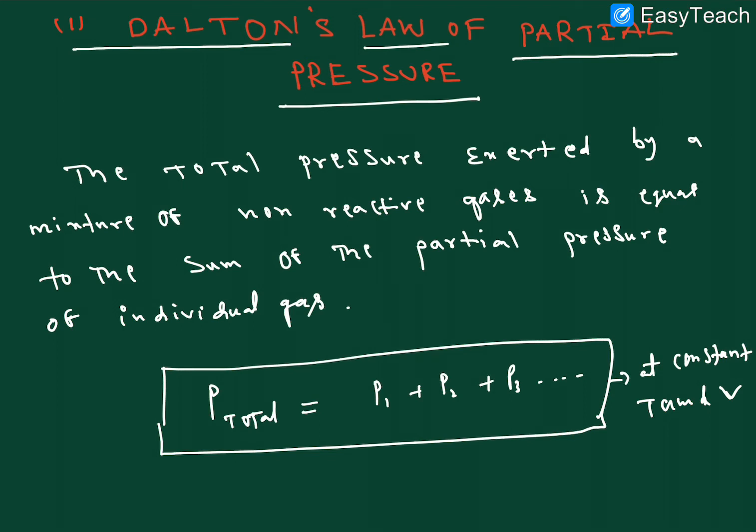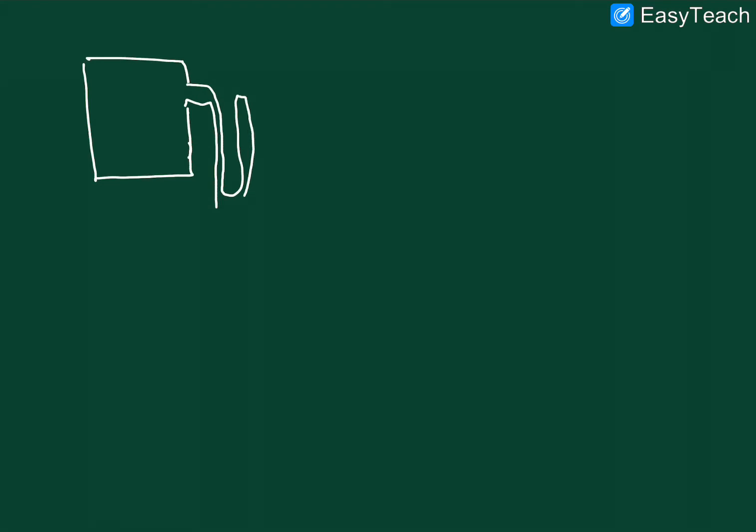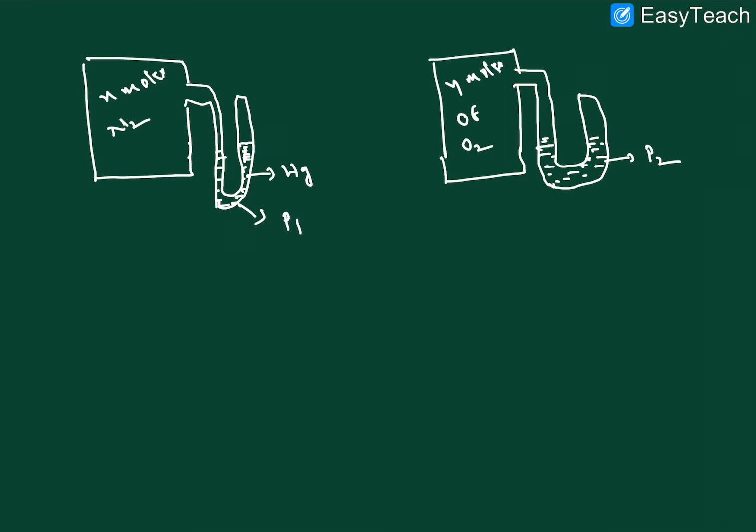Let me explain clearly with an experiment. For example, in this beaker, experiment 1, we have X moles of nitrogen gas, and the pressure is P1.